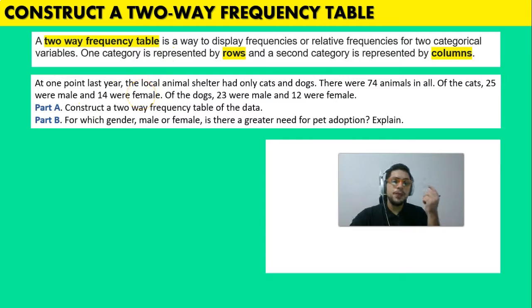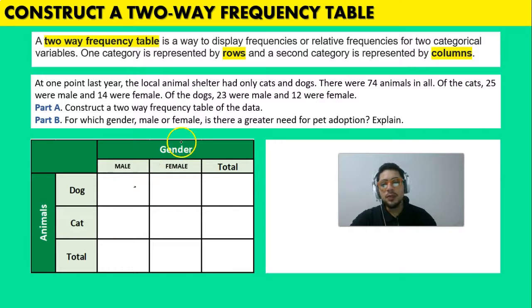We can use cats and dogs on the columns and female or male in the rows, or we can use male and female on the columns and cats and dogs on the rows. It doesn't really matter. So for example, let's say we choose gender to be displayed on the columns, and the type of animal is going to be displayed on the rows.